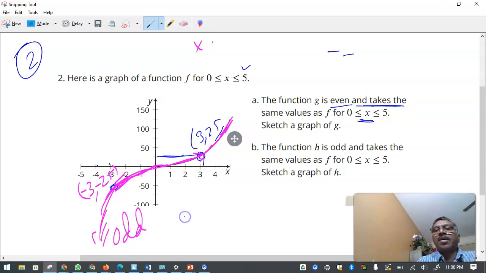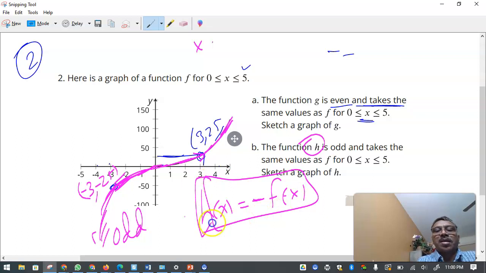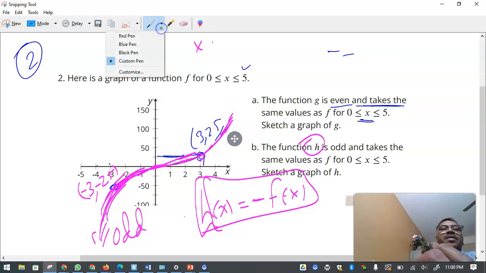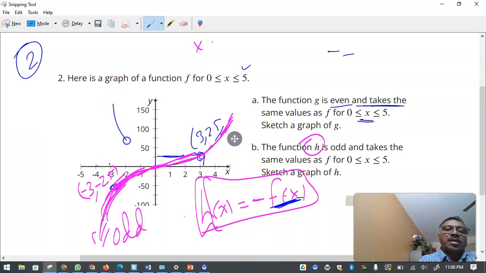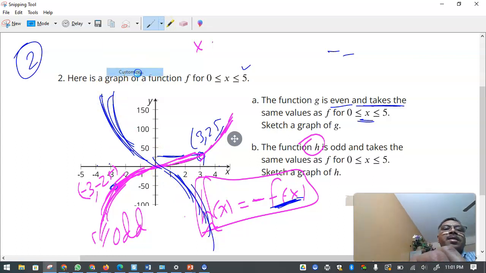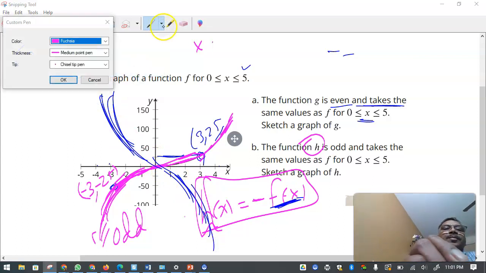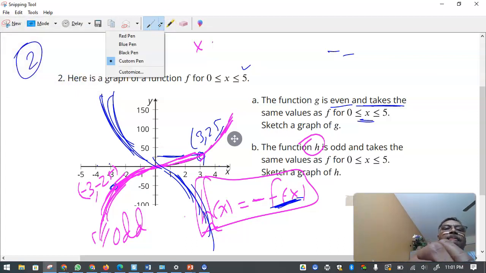So if you want to have an h function, this h graph is minus of f of minus x. So make sure you understand this part. The new graph, this pink color, is basically a reflection over the y-axis and then a reflection over the x-axis.